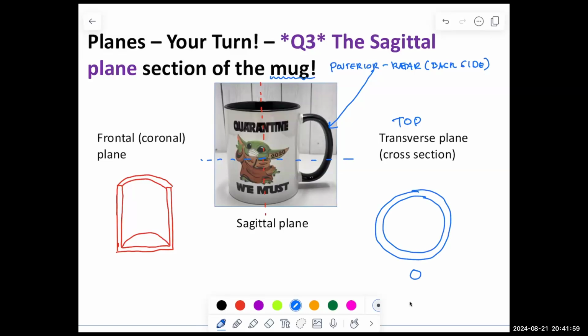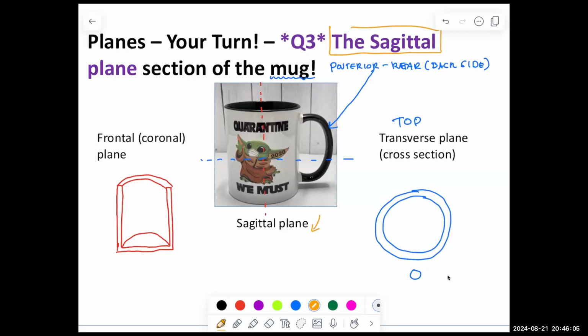Now, what I want you to do on your card, for me, what does the sagittal view look like? What is that one going to look like? I'm going to pause it and we'll continue from there. Here we go. Remember, we're getting a knife and we're cutting it in this direction. And then we're opening it up like a book.